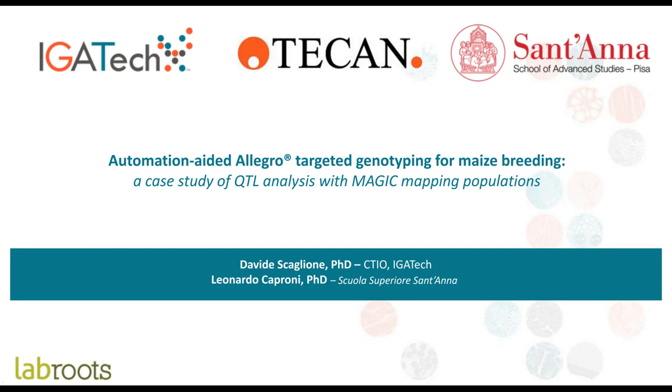Okay, I think I can take this one. Targeted genotyping is the most valuable approach as long as the genome size is still big, and this is true for most of the agriculturally relevant crops.